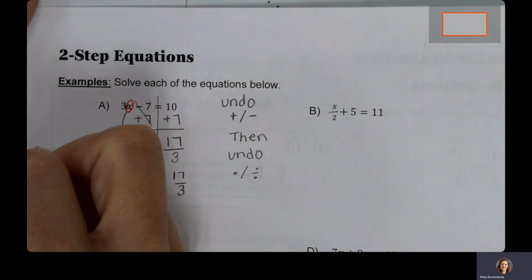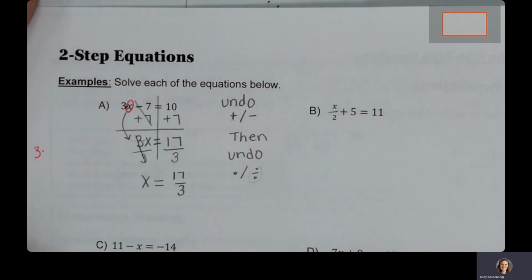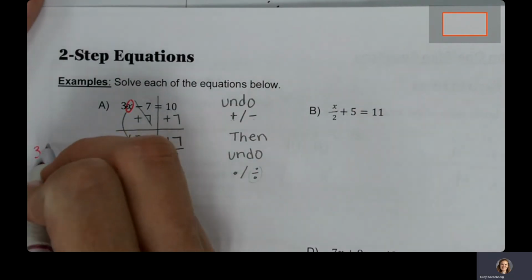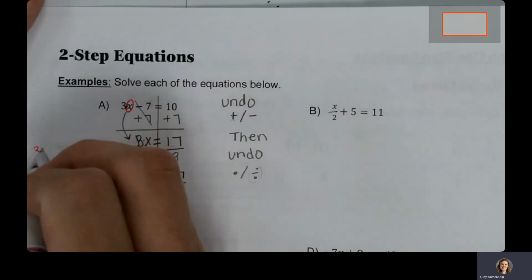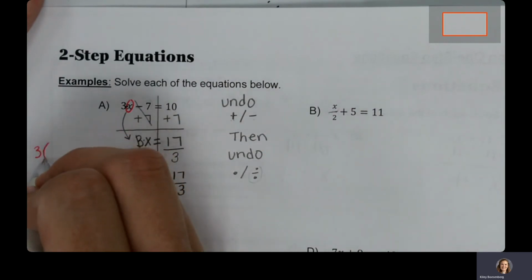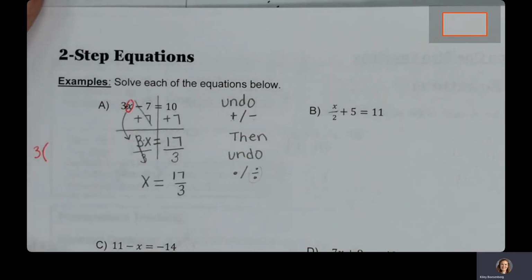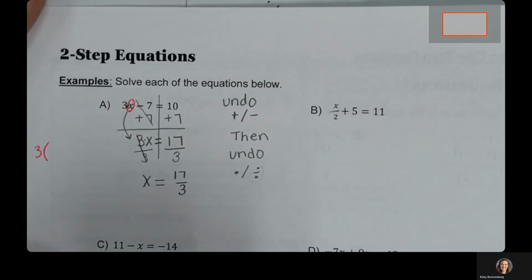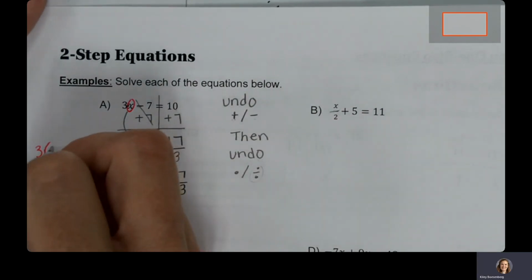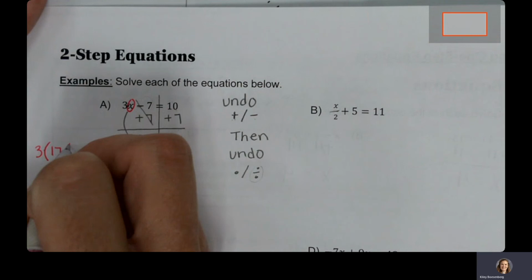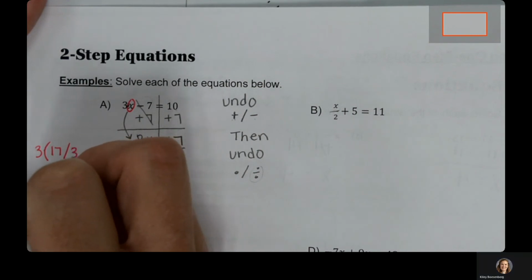So 3 times, okay, parenthesis. Now I'm going to put that in parenthesis. So if you do a parenthesis, you actually don't need to put the times into the calculator, but you can always add that. Now 17 over 3 is 17 divided by 3 in the calculator.